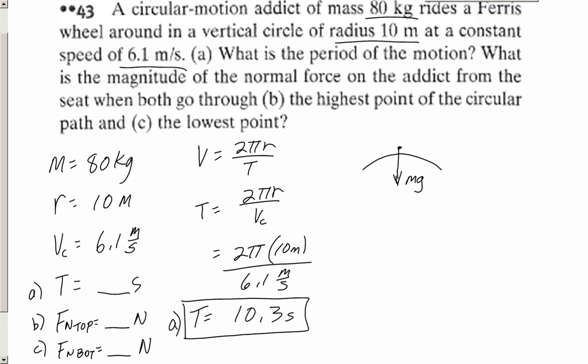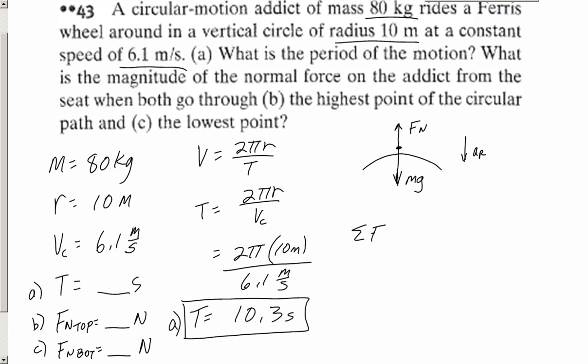And because the person has a radial acceleration toward the center of the circle, that means that some of the forces in the vertical direction must point toward the center of the circle also. So that tells us that the guy is going to feel a little bit lighter up at the top. And the sum of those two forces then is going to be the radial force.